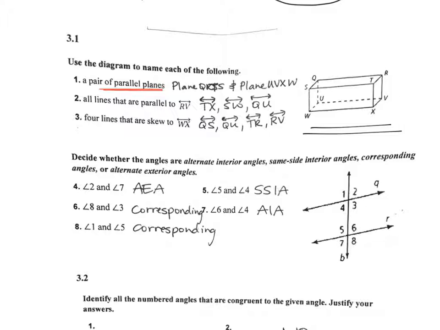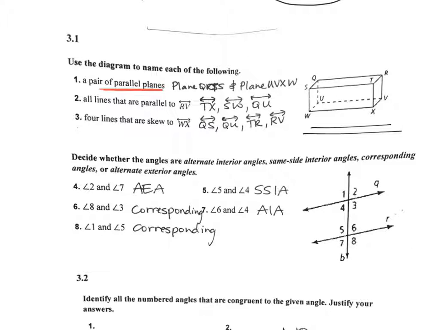So this plane here, we would call QRTS. And then this bottom one here, we would call UVXW. So you can see that here. Those are the two planes that we were talking about. Now, those aren't the only two options. You could have done left and right, and you could have done front and back also. But those are just the two that I gave as an example there.